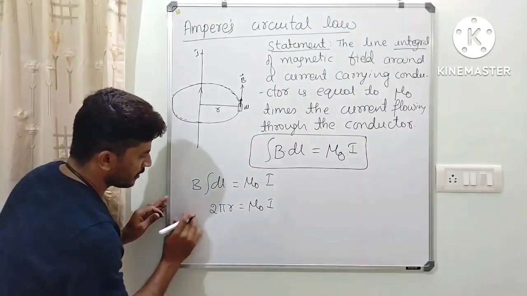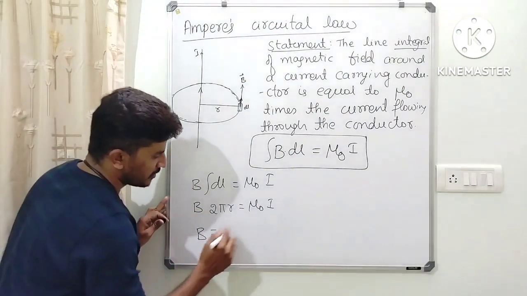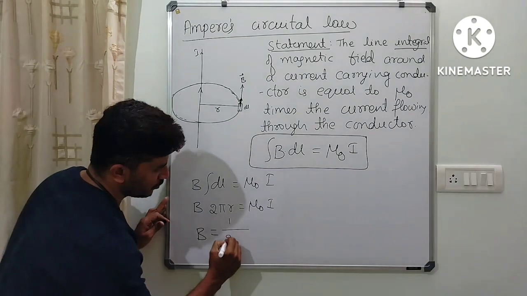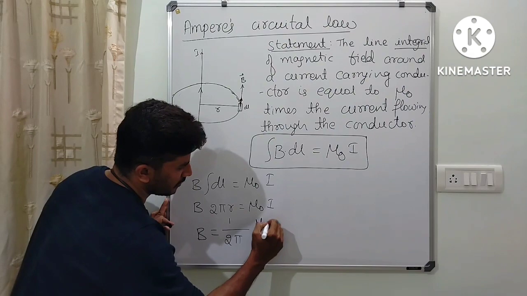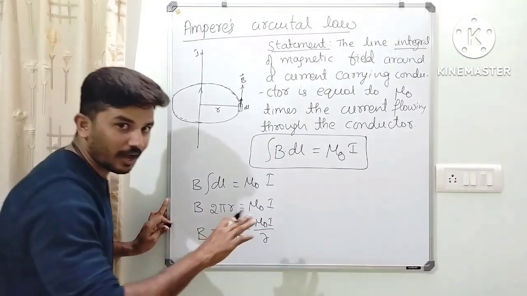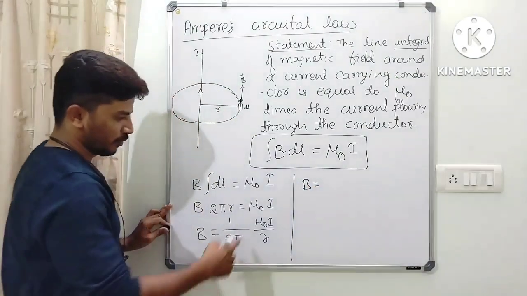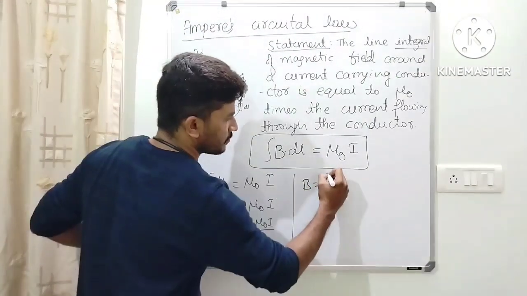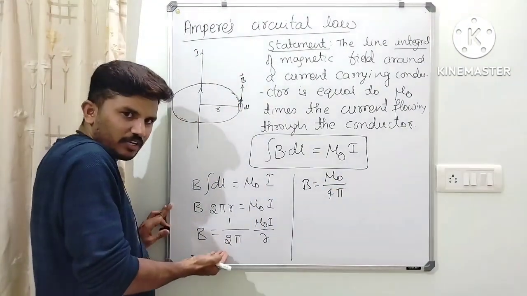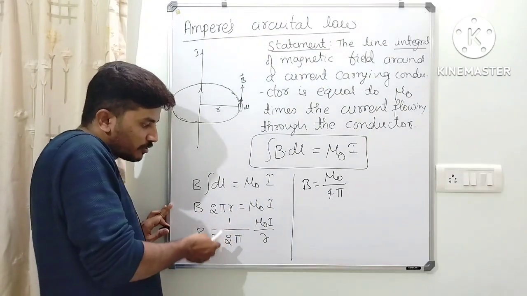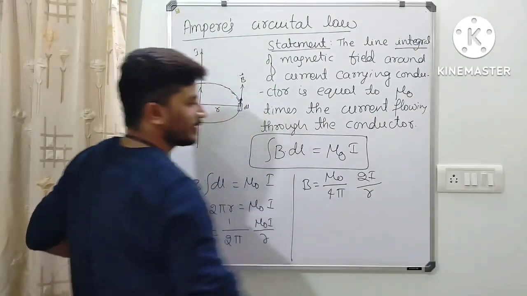Now this B is given by 1 over 2 pi r times mu naught I. Or we can also write it like this: B is equal to mu naught by 4 pi. Sir, we don't have 4 here, we have 2. I have multiplied it, so I have to multiply it in the numerator also. So 2I by r. Can I write it like that?